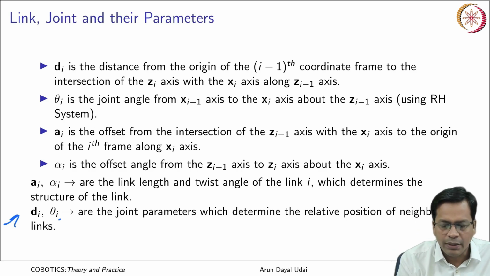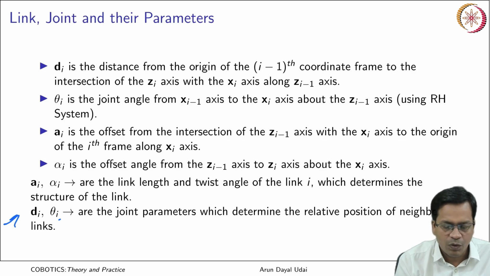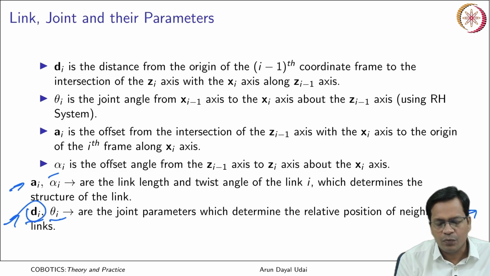These two are the displacements which define the relative position of the neighboring link. In case of a revolute jointed robot, which most of the cobots are, only theta i is the variable, and di is fixed. So, in that case, link length, link twist as well as di are fixed, and only theta will vary.